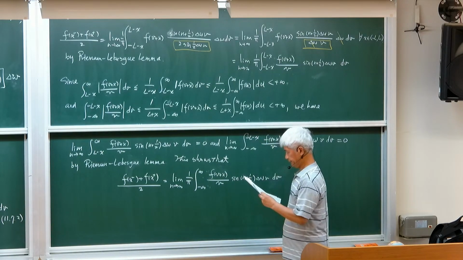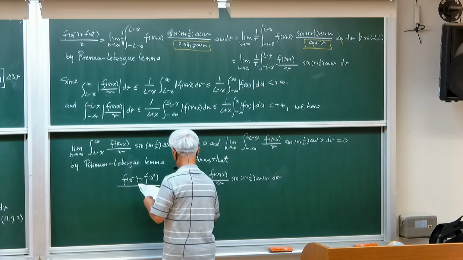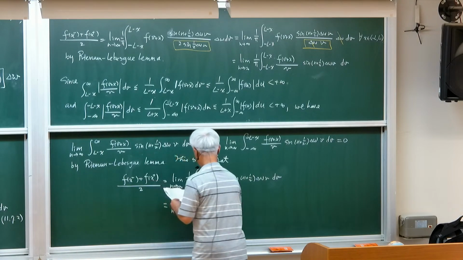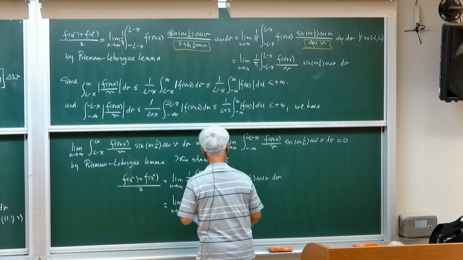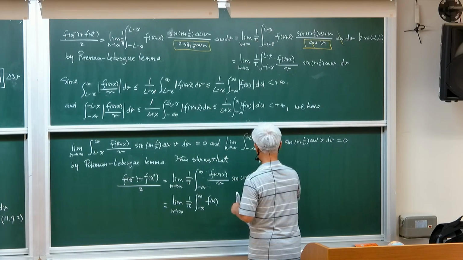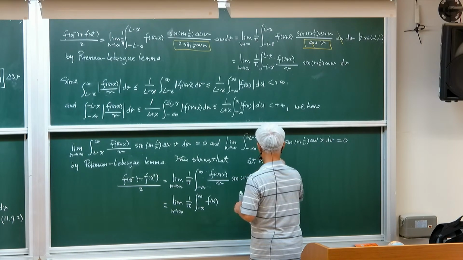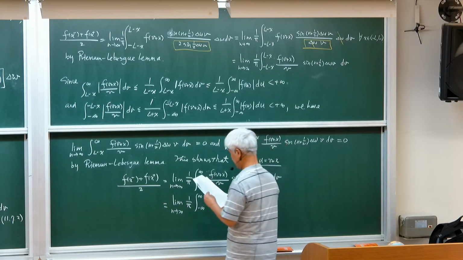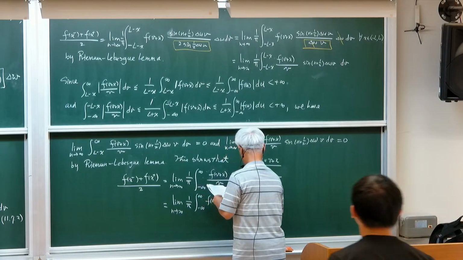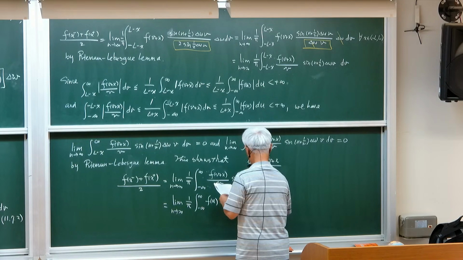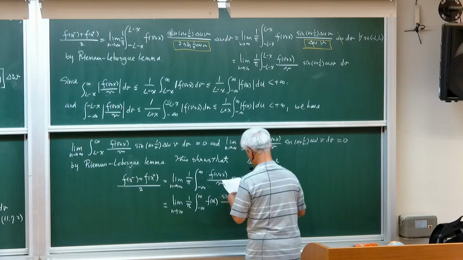Then the limit as n goes to infinity of 1/pi integral of f of u. So we let u equal to v plus x, and we go back and have u minus x divided by u minus x du.